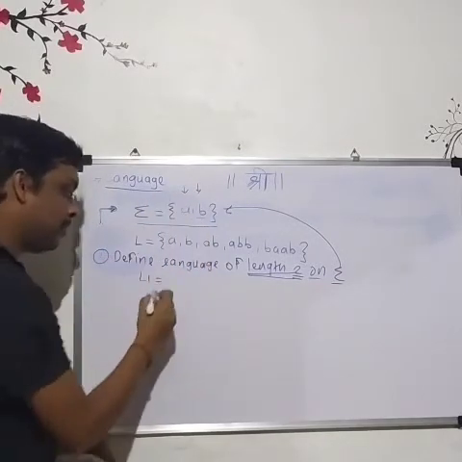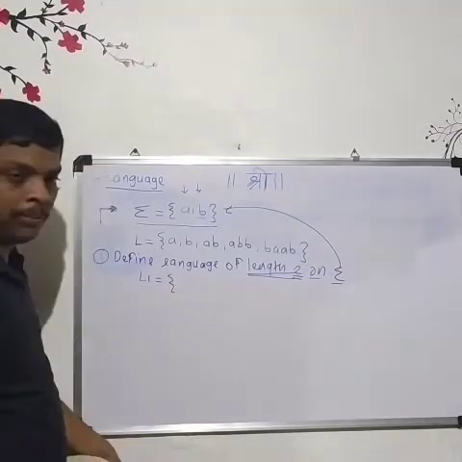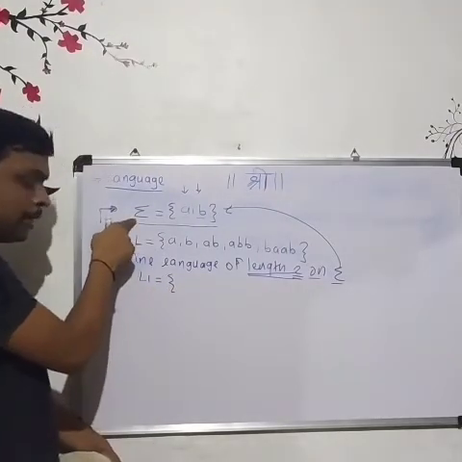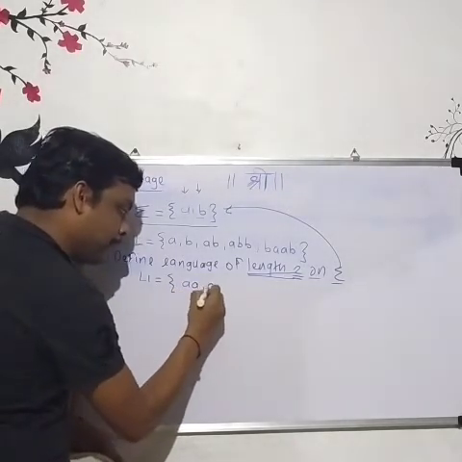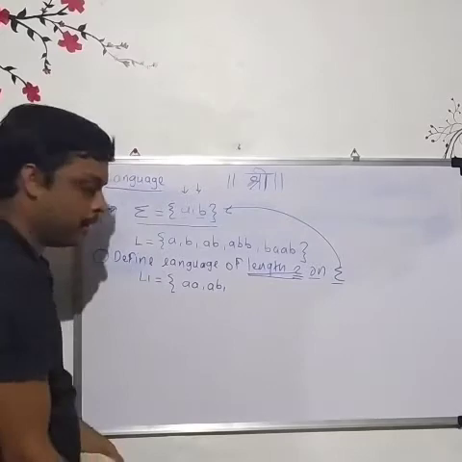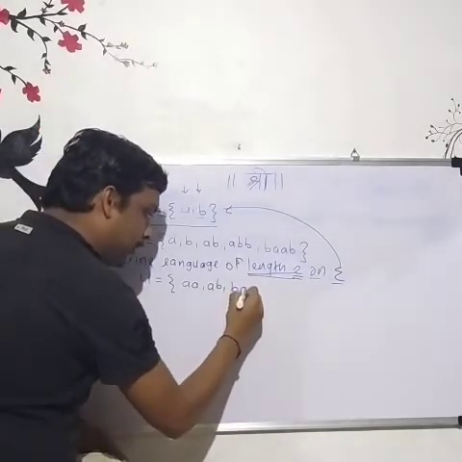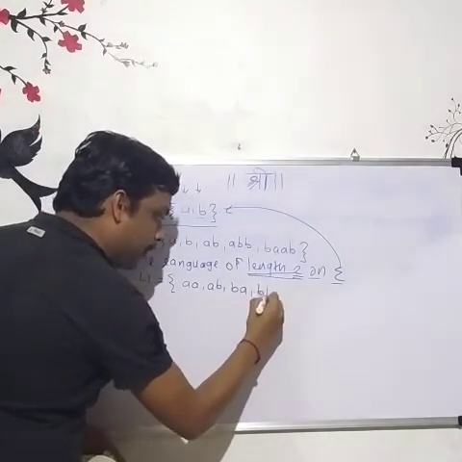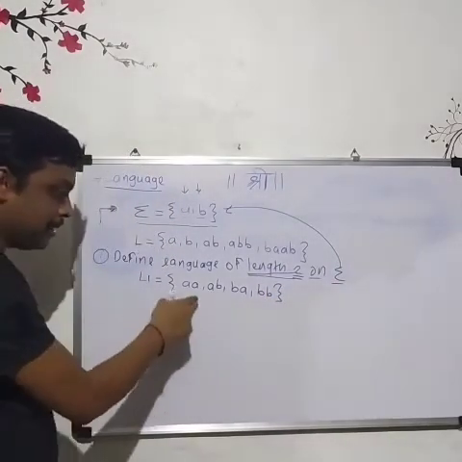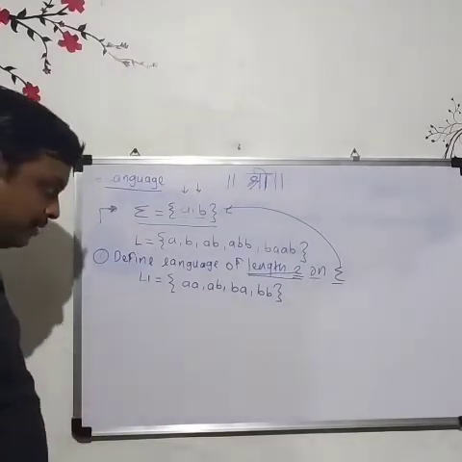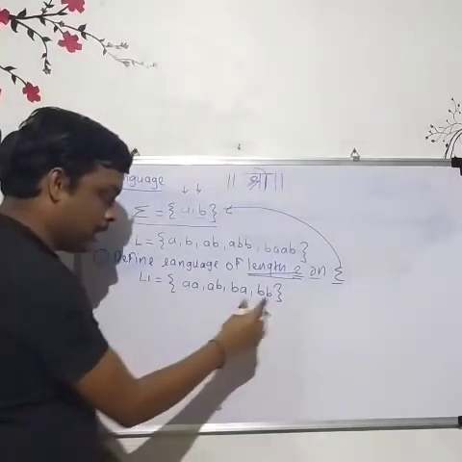So how many possible strings are there whose length is 2 of this particular sigma? The first one is AA, then AB, then one more you can take BA, or the last possibility is BB. So how many possible strings are there? 4 possible strings. All possibilities we have covered.